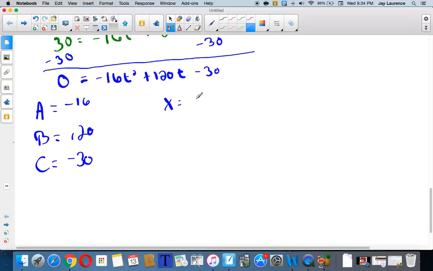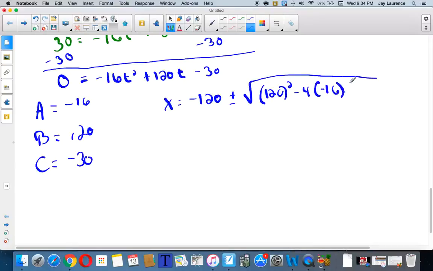X equals negative b plus or minus the square root of b squared minus 4ac all over 2a. So there's the setup for my formula.